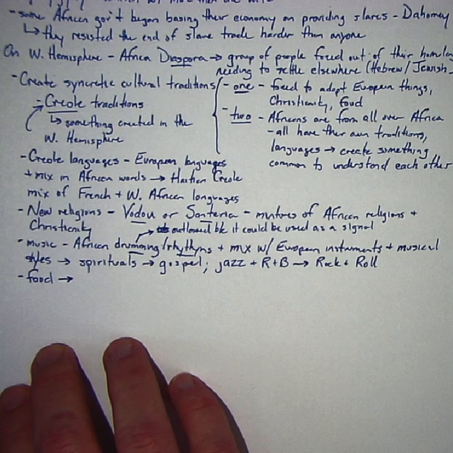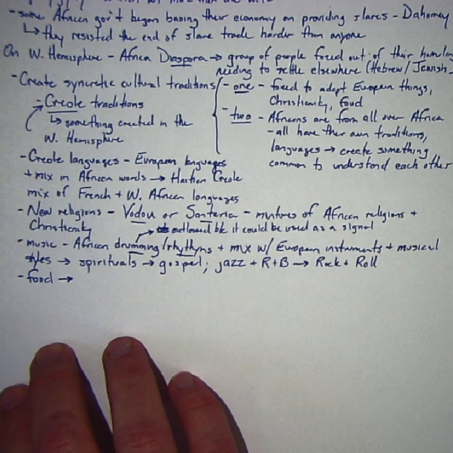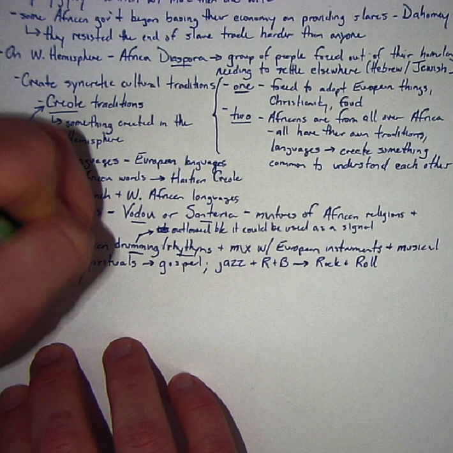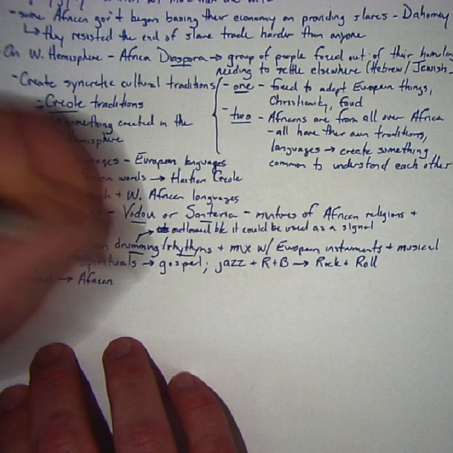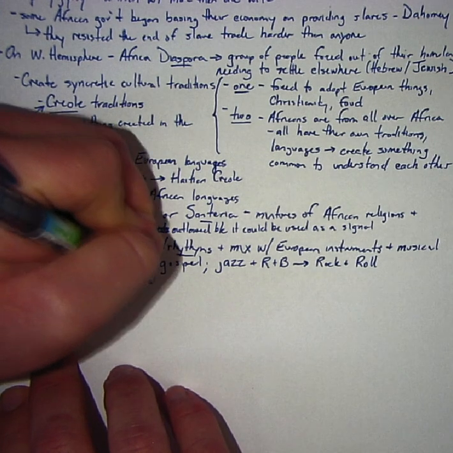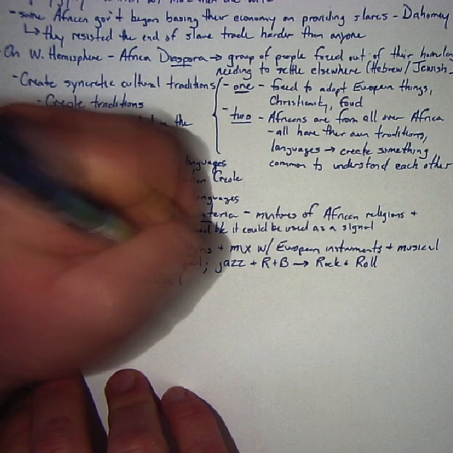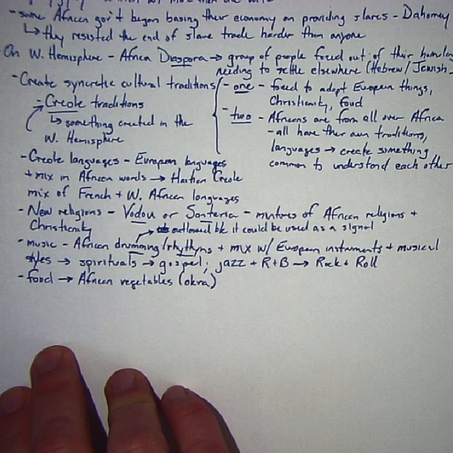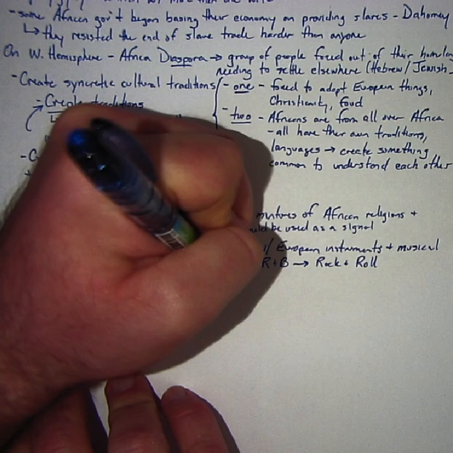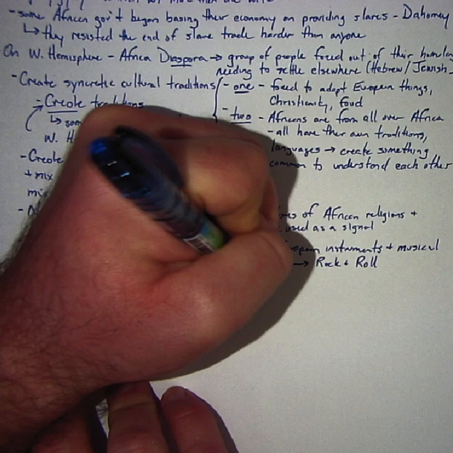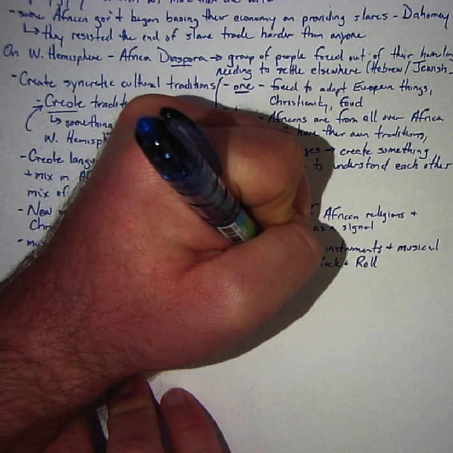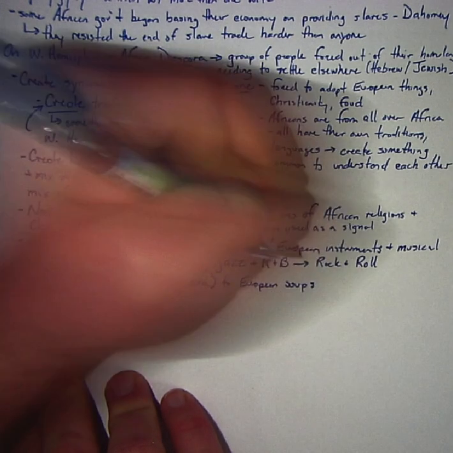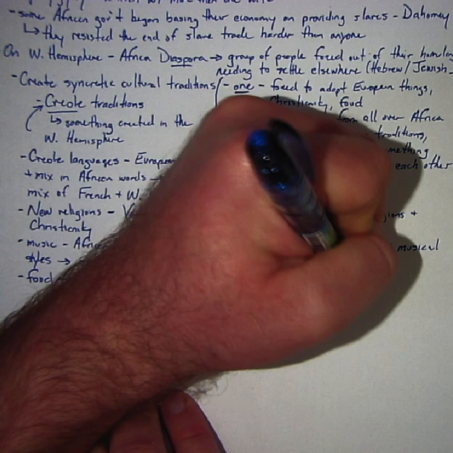We can even see it in terms of food. So we could create Creole food. An example of this might be adding African vegetables, for example, okra, to European soups to create something like gumbo.